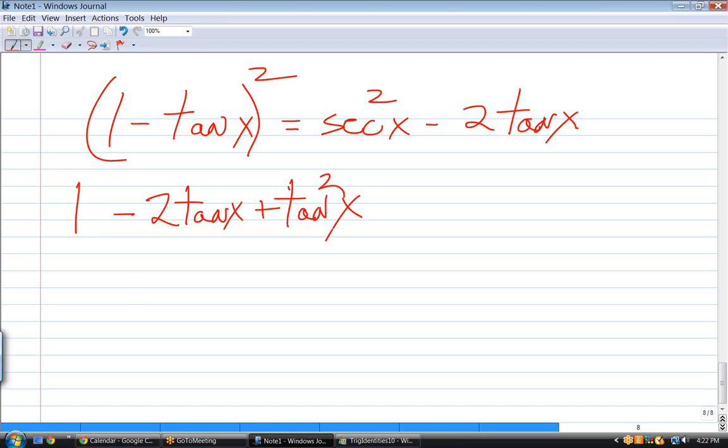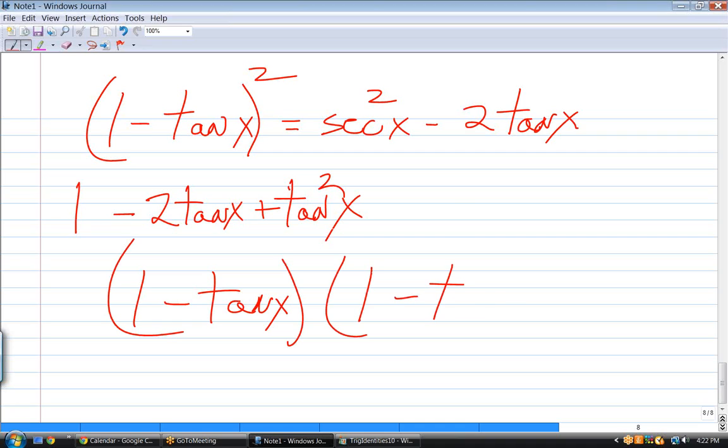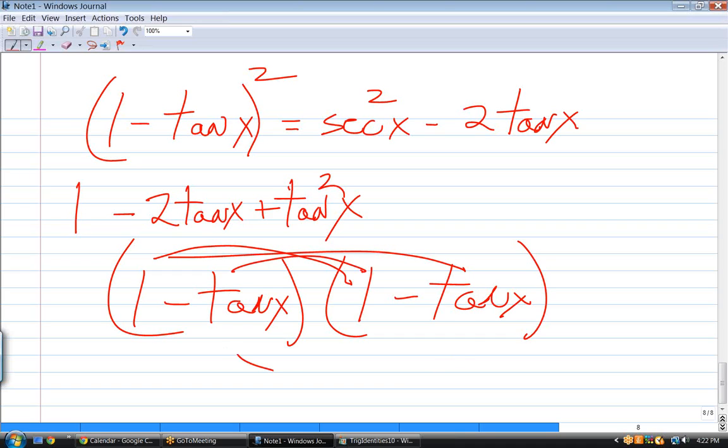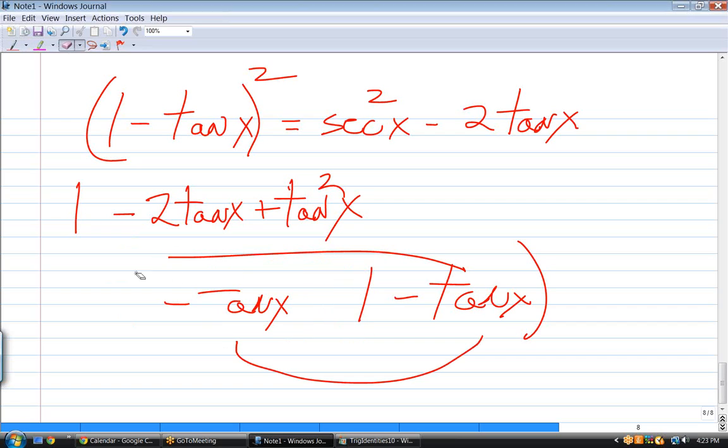Reason it's plus is let's look at it. That times that, 1 times that is minus tan. That times that's minus tan. So you have minus 2 tan. That times that is plus tan squared x. All right.